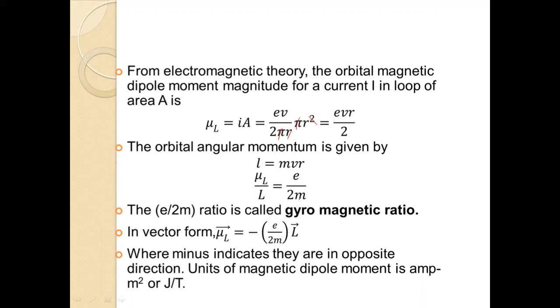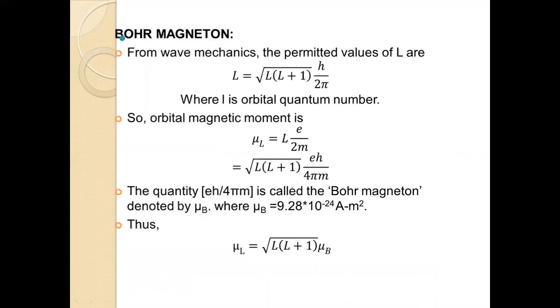This e by 2m is called the gyromagnetic ratio. So in vector form, we can say that mu L is equal to minus gyromagnetic ratio into L, where minus indicates they are in opposite direction. And the unit of magnetic dipole moment is ampere meter square or joule per Tesla.